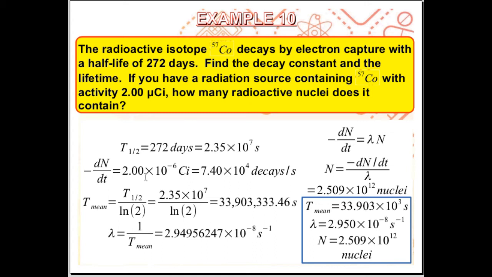Knowing the activity and knowing the decay constant, which we have just calculated, we are able to calculate the number of radioactive nuclei that the sample contains. N is equal to 2.509 times 10 to the 12th power nuclei.